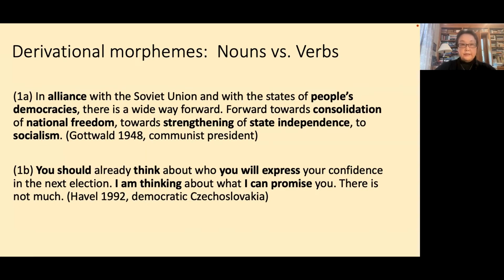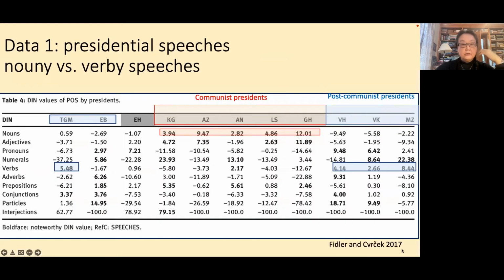And if you look at it on a large scale, you see immediately that there are striking differences between the communist presidents and post-communist presidents. The numbers indicate the degrees of prominence.